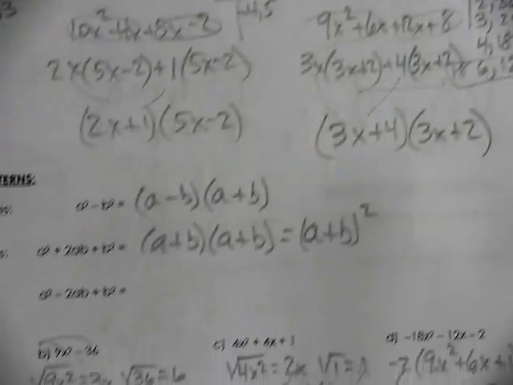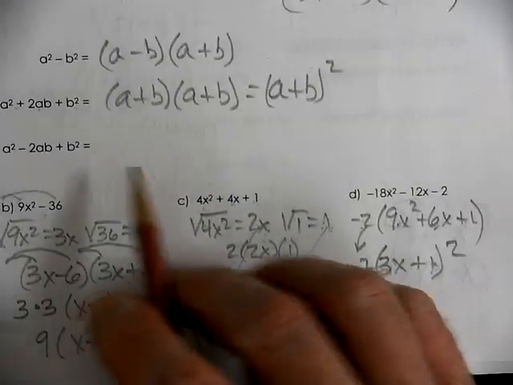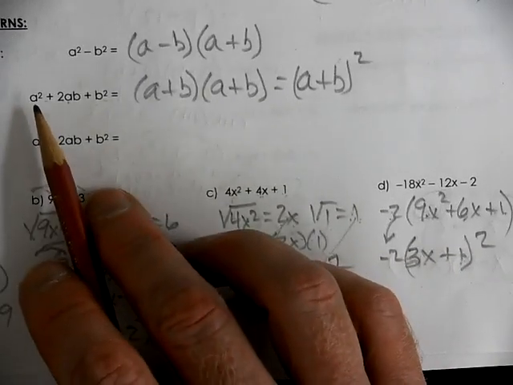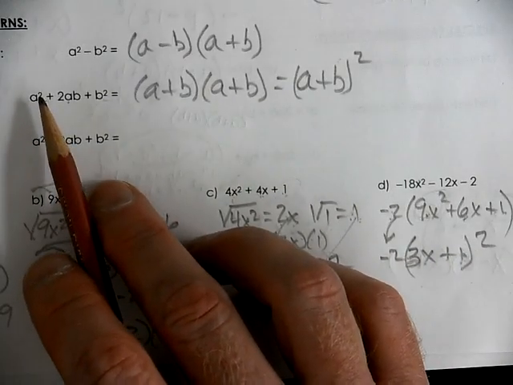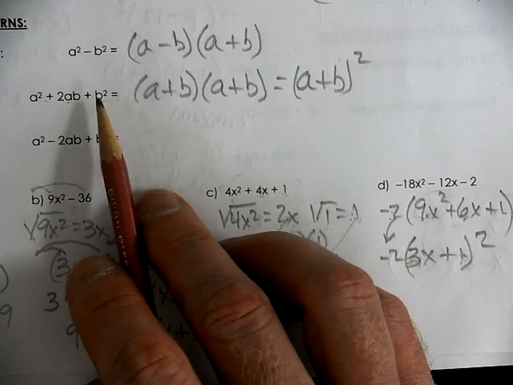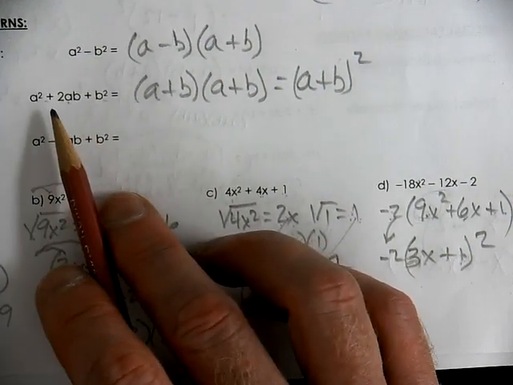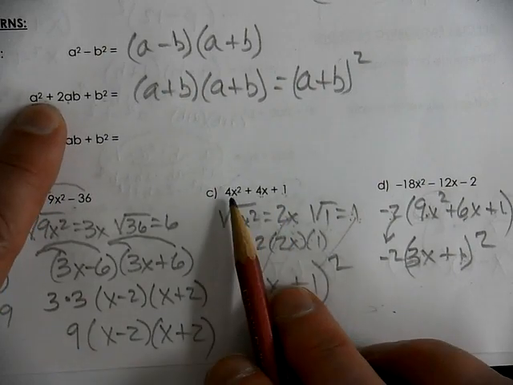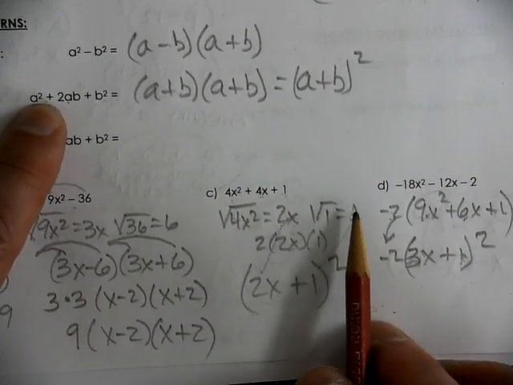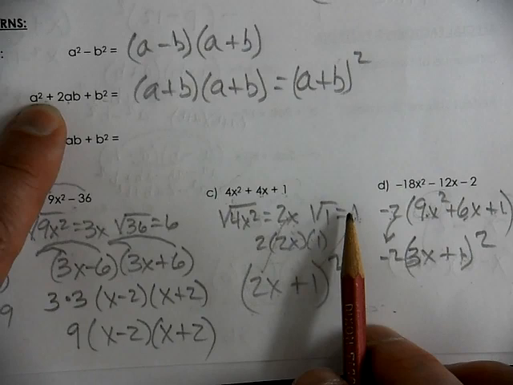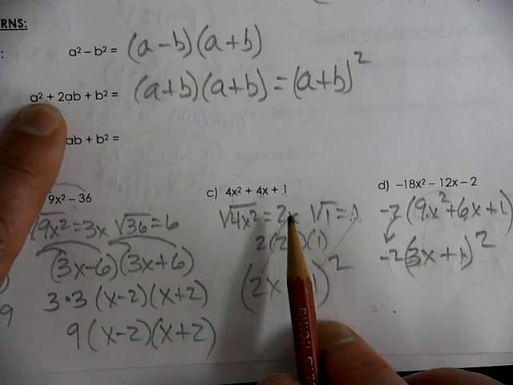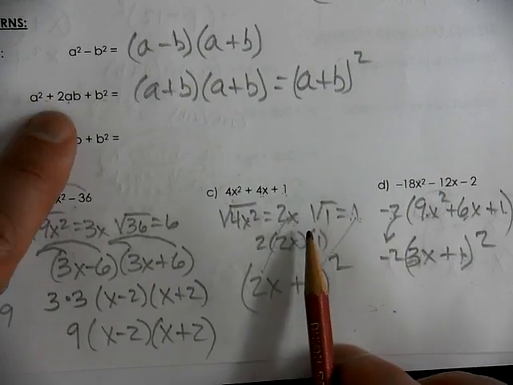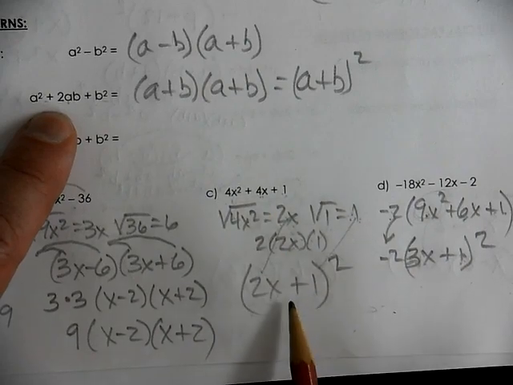To fill the notes out completely, we were doing our rule down here that this was a squared plus 2ab plus b squared. If you have that pattern like we did here, we were able to take the square root of the first term and square root of the second term, and that product was half of the middle term, or they had to be multiplied by 2 to make the middle term.